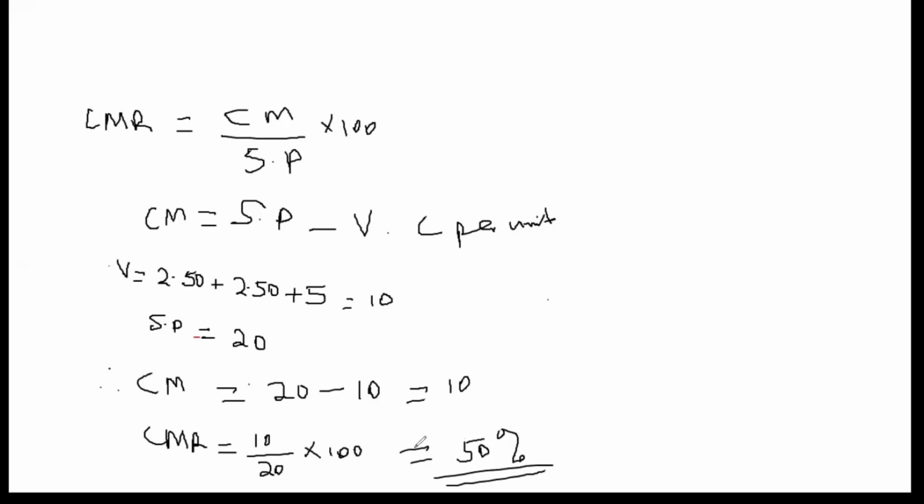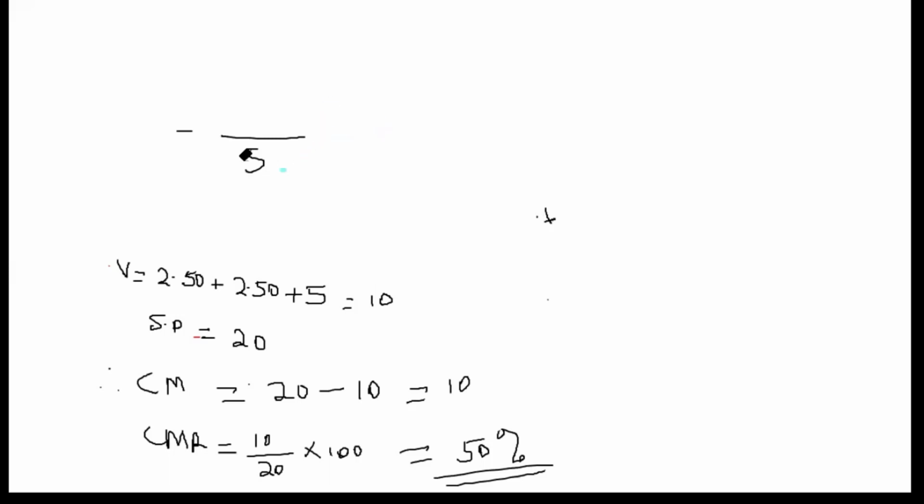This ratio is a very important ratio because it helps us determine our break-even point. So our break-even point, all right, allow me to erase this. If you have any question as we proceed, just raise it up.